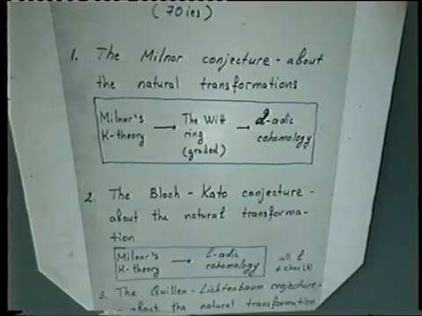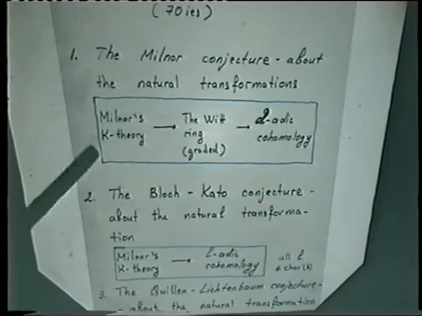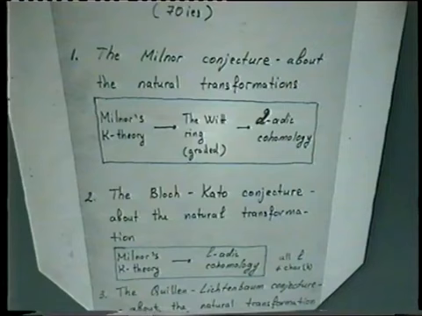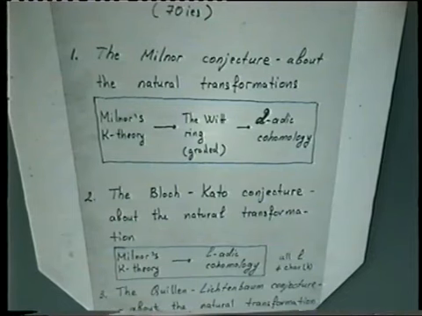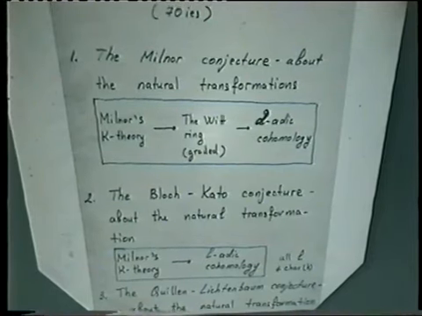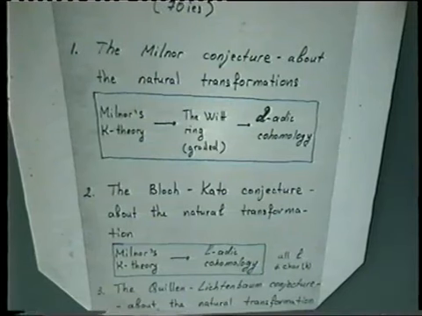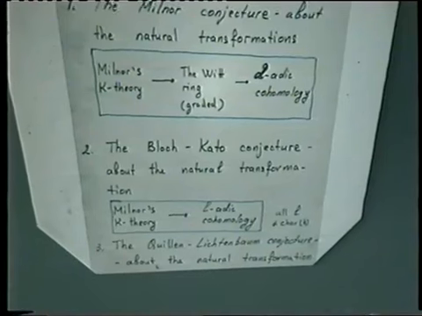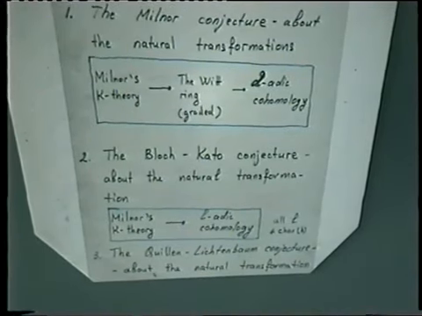And this talks about a natural sequence of maps from Milnor's K-theory to the graded Witt ring of quadratic forms, and then going to L-adic, in this particular case, just Z/2 coefficients cohomology. There was a generalization of this, which is now called the Bloch-Kato conjecture, which talks about the map from Milnor's K-theory to L-adic cohomology for L greater than 2 and not equal to the characteristic of the field.